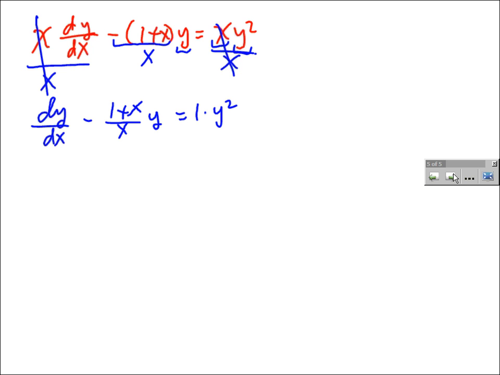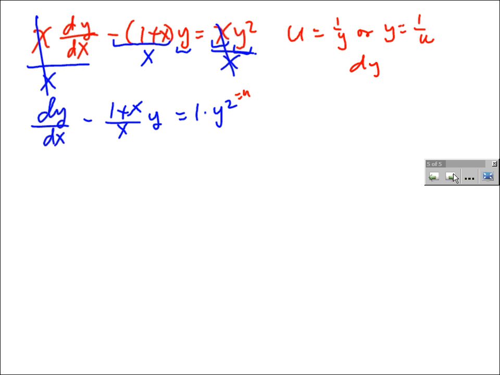That's Bernoulli. And that's n. So u is y to the 1 minus n, which is y to the negative 1, which is 1 over y. So u is equal to 1 over y, or y is 1 over u.